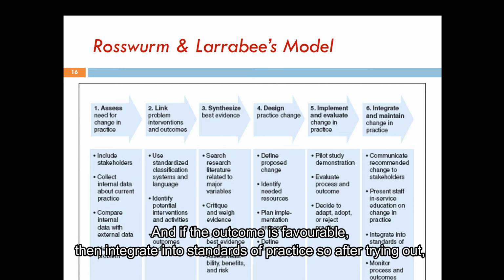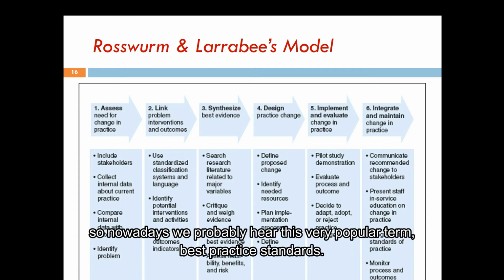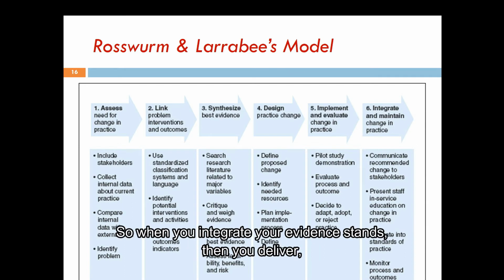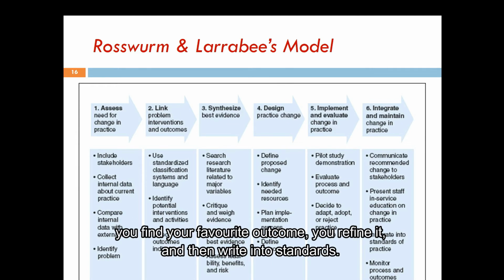So after trying out, nowadays we probably hear this very popular term, best practice standards. Okay, this is where it comes from. So when you integrate your evidence, you find favorable outcomes, you refine it, and then write it into standards.